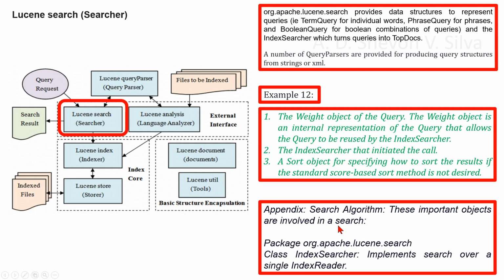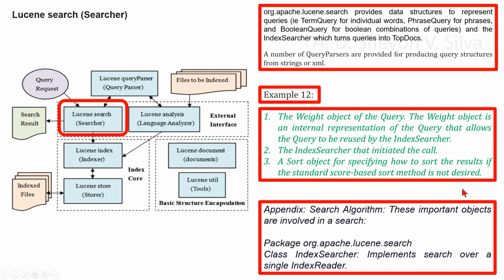Now we are considering search algorithm. In search algorithm, these important objects are involved in the search. The class IndexSearcher in package Lucene.search implements search over a single IndexReader. This section is mostly notes on stepping through a scoring process, as well as for the earlier sections.